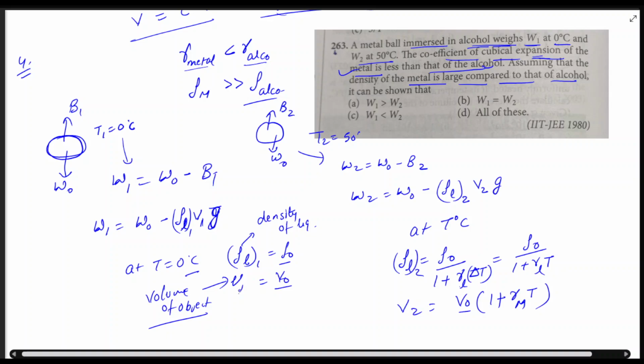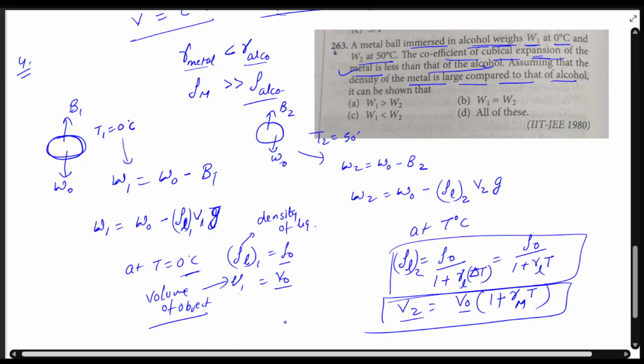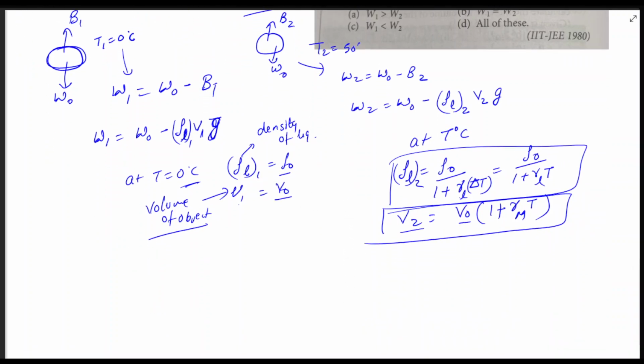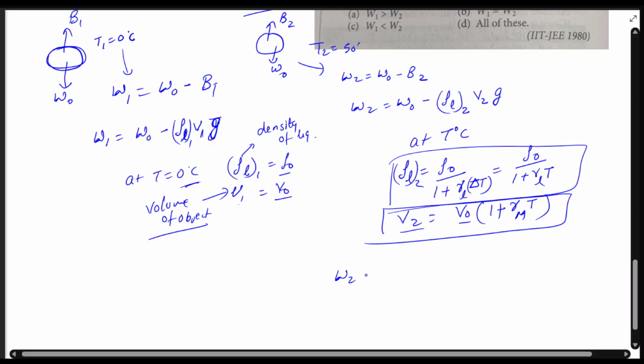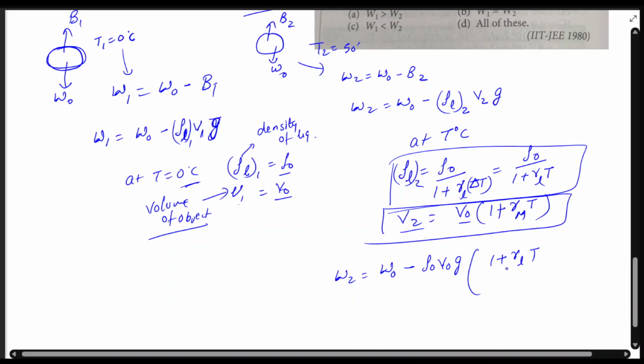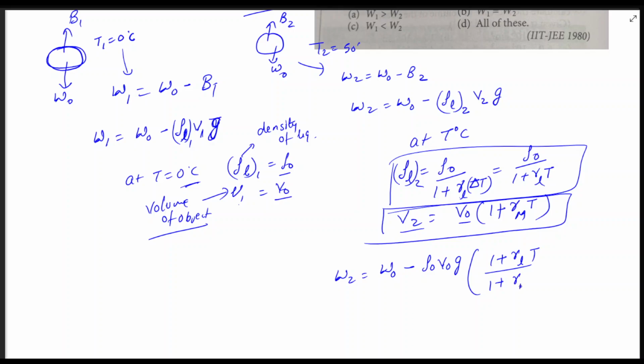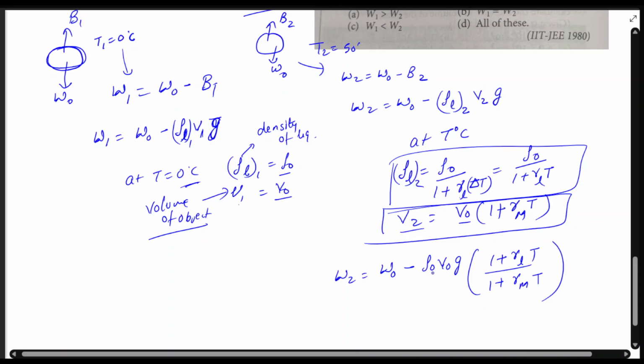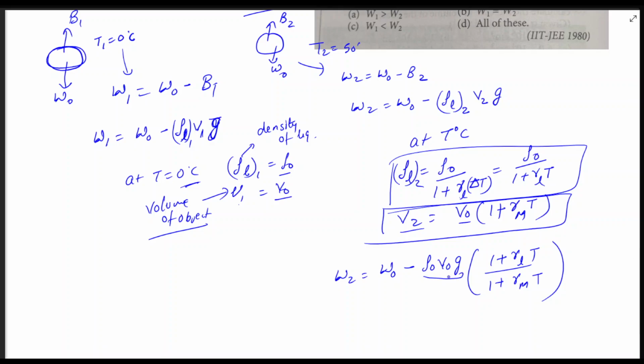V naught is the volume of the object at 0 degrees Celsius, so V2 uses T minus 0, which is simply T. So if I put them here, W2 will be W naught minus rho naught V naught G times 1 plus gamma L T upon 1 plus gamma M T. And W1 is W naught minus rho naught V naught into G.